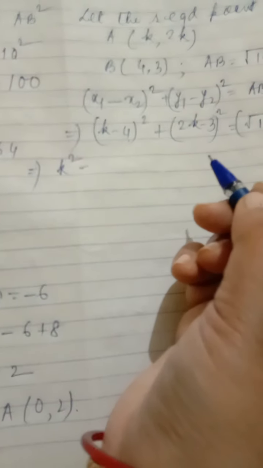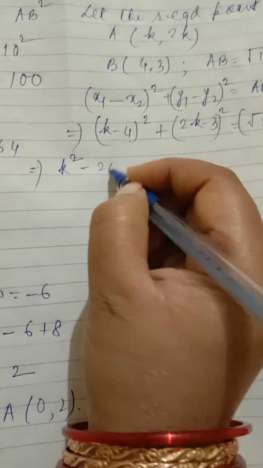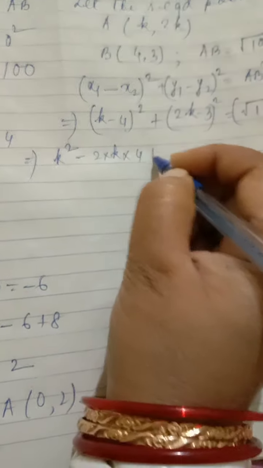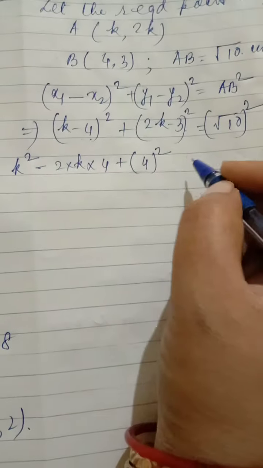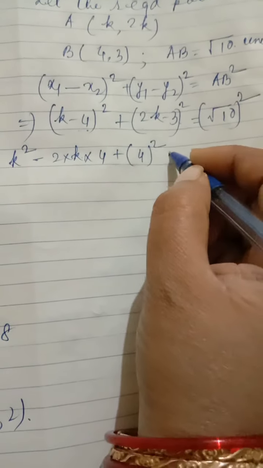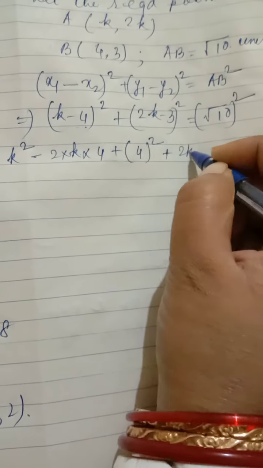So it is k square minus 2 into k into 4 plus 4 whole square, plus 2k whole square.